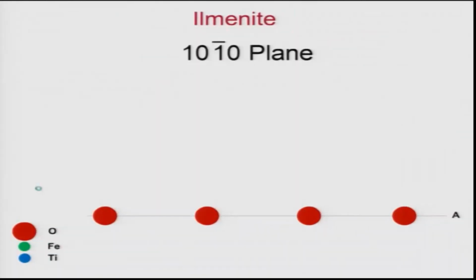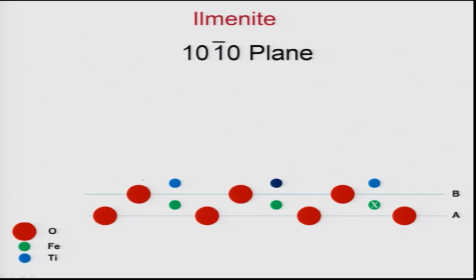So, again if we draw the 10 bar 10 plane, just like in previous case, you have first layer of aluminum oxygen, next layer of iron, right, next layer of oxygen, again next layer of what has happened here again, this should be, so next layer of this is a titanium.